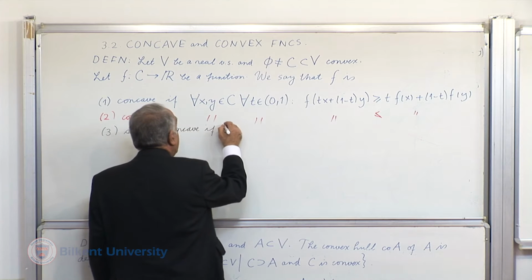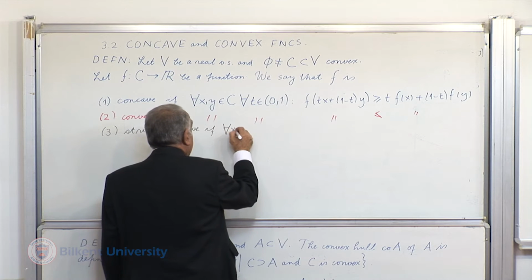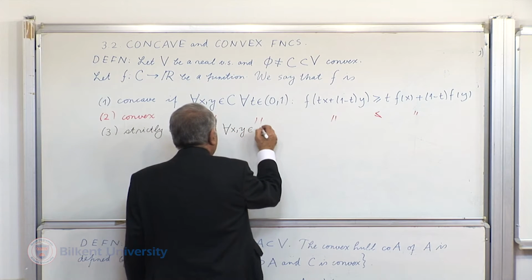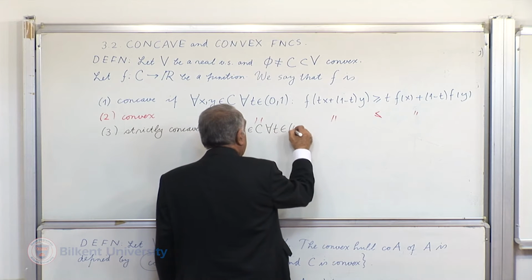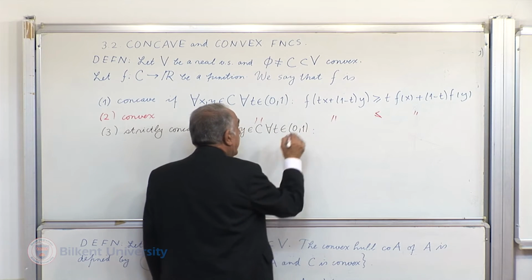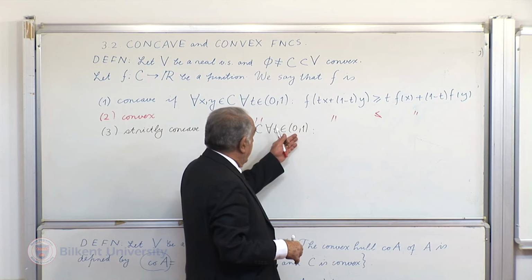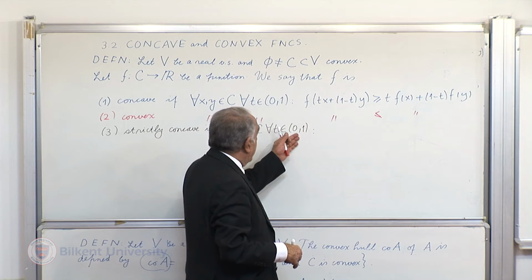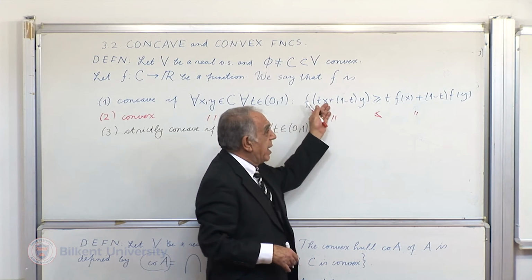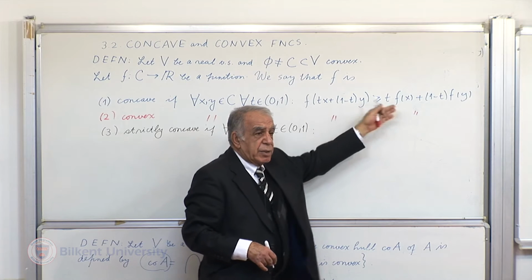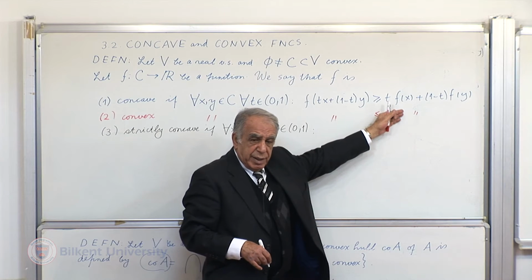if, now here, well, let me write it in full, for all t in (0, 1). Well, no matter where I take t in this open or closed interval, if x and y are the same, then these two sides will be equal to each other.